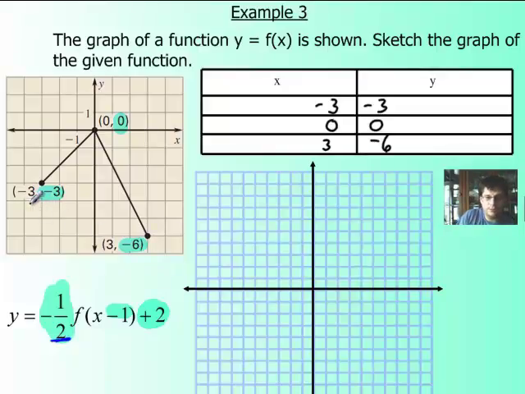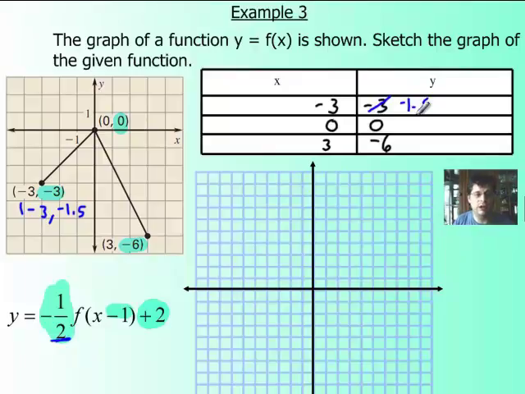So when I do this, I'm going to say, all right, this point is now going to be -3, and I multiply this -3 by 1/2, and that becomes -1.5. Over here on my table, I'm going to cross out this -3 and put -1.5.